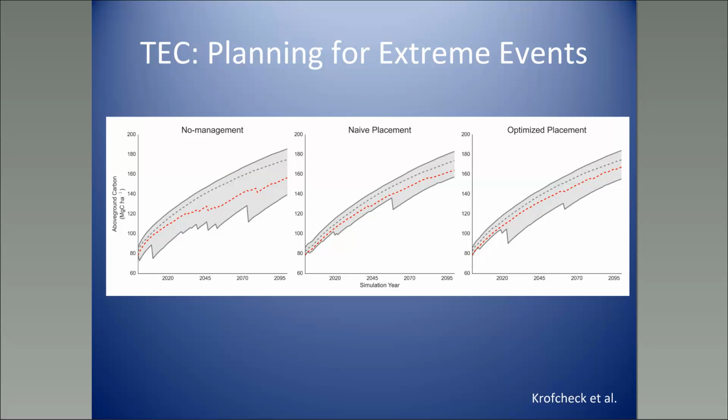And under both the naive placement and the optimized placement, they're actually quite close relative to that no management scenario. And then if we look at the area under that 95% confidence interval line, we see much less area in the naive placement than we do under the optimized, but that's because we've treated so much more of the forest area.